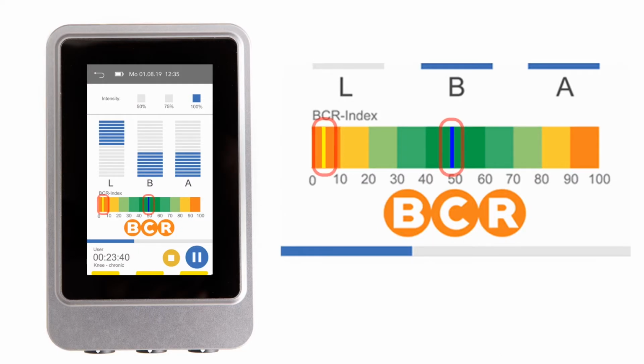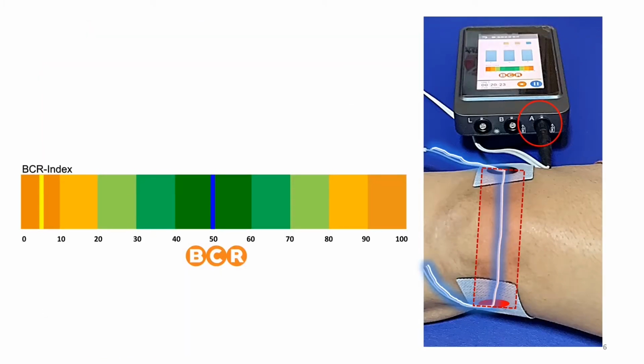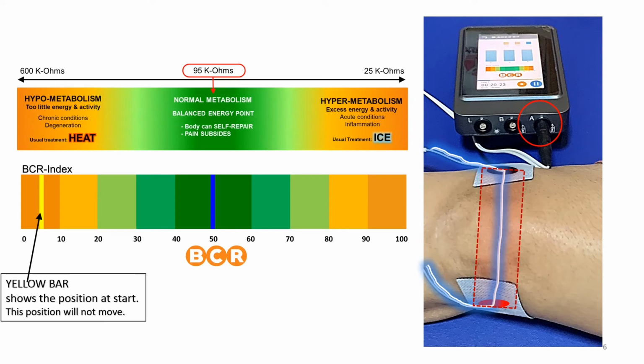Okay, now let's look at the blue and yellow lines. The yellow line shows the position at start. What was the position? In this case, it's somewhere between 0 and 10, say 5. So it's more of a hypometabolic condition.